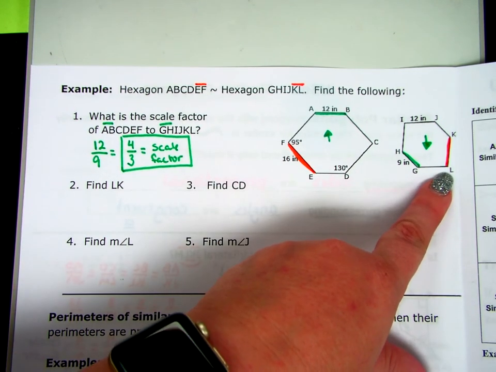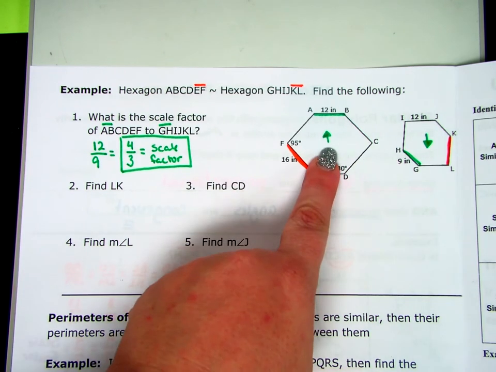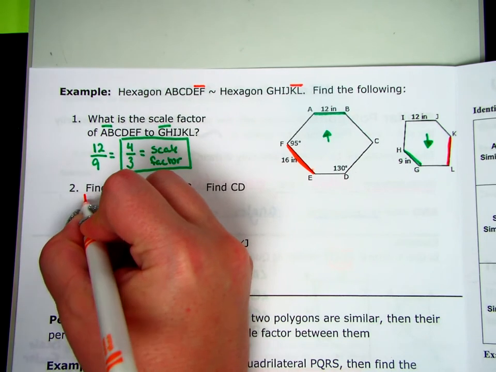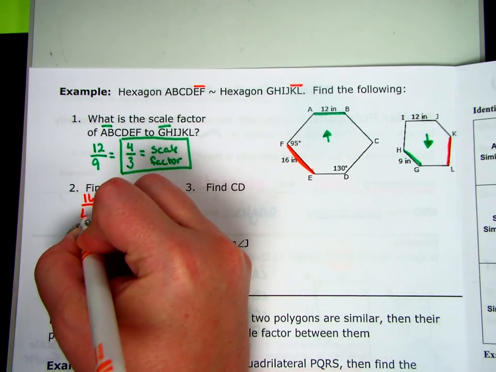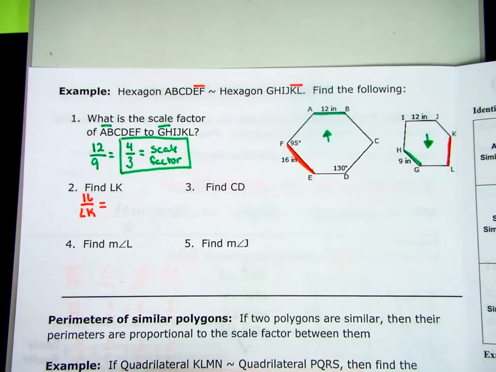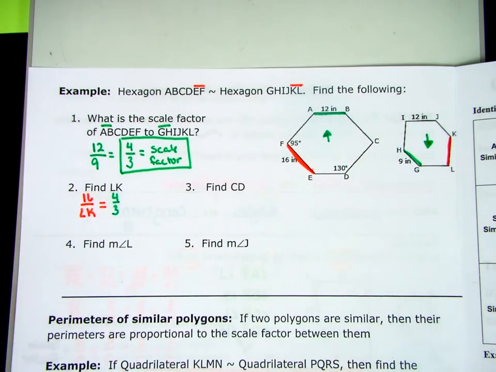That's what I'm trying to find is LK. Which one, the LK or the 16, is going to go on top? The 16, and that's easy to see because I put that up arrow, right? So the 16 is going to go on top over the LK on the bottom. What does that equal? 4 over 3. It reduces to the scale factor. They all reduce to the scale factor.